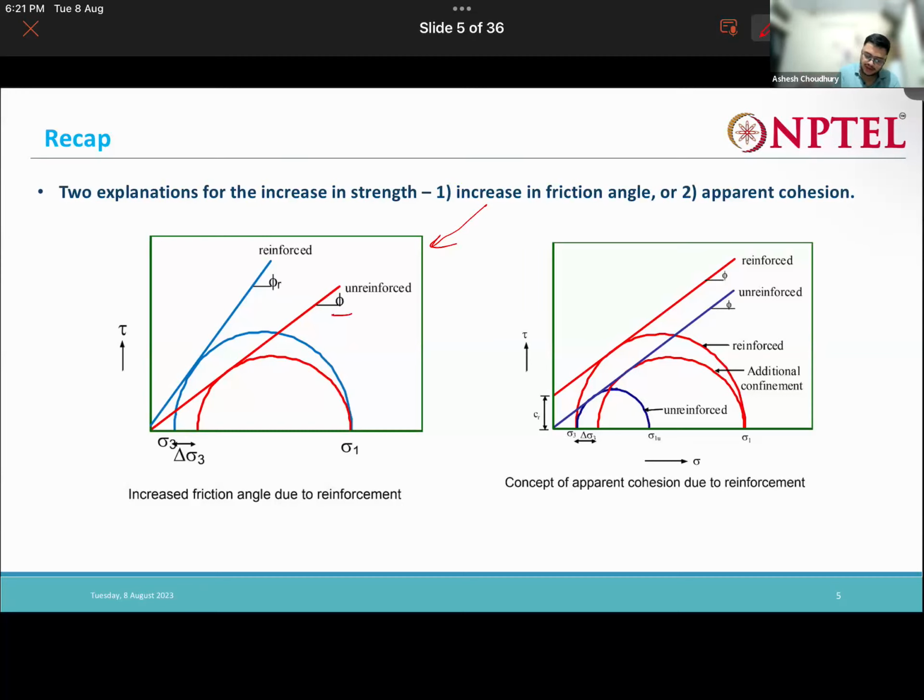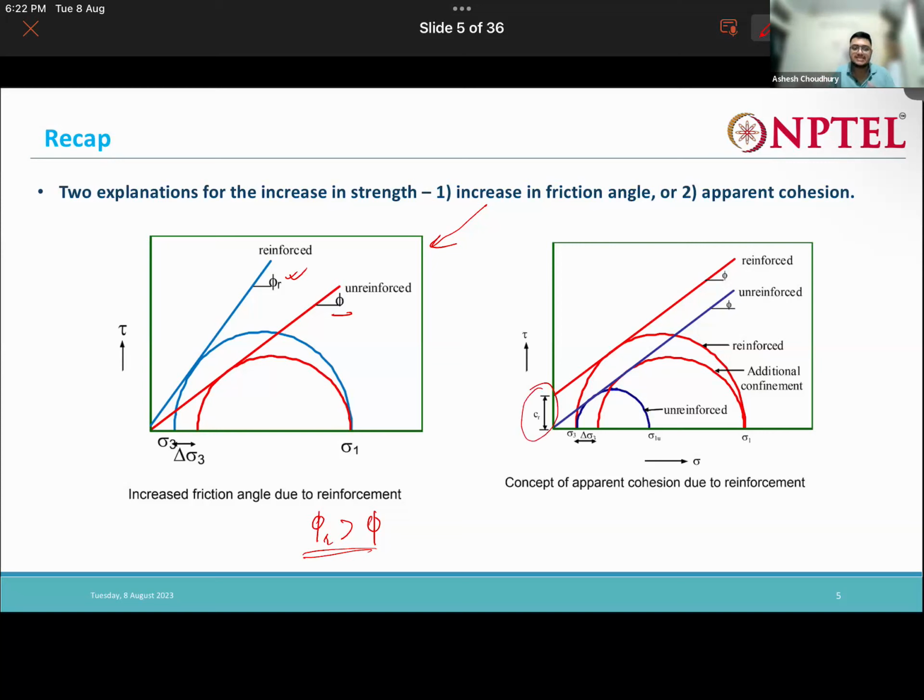Initially it was phi, and then it became phi r. So phi r is obviously greater than phi. One more way it can be explained is the development of apparent cohesion. The soil initially has cohesion of 0, but the increase in strength is due to the development of an apparent cohesion.